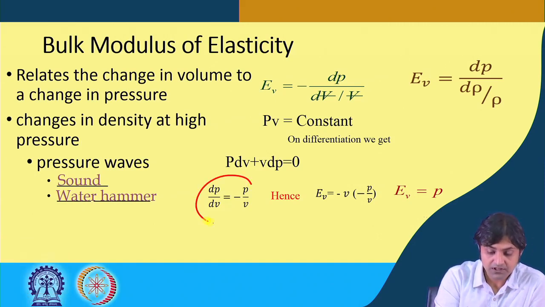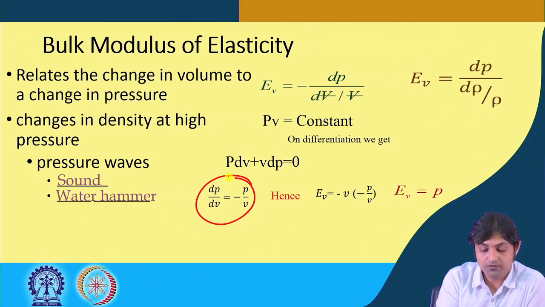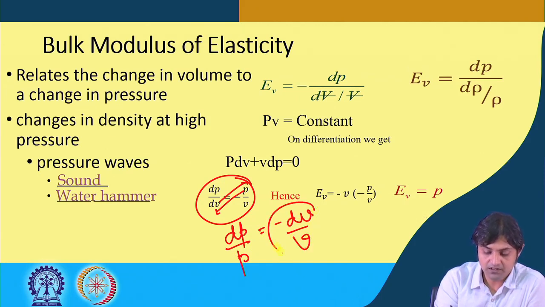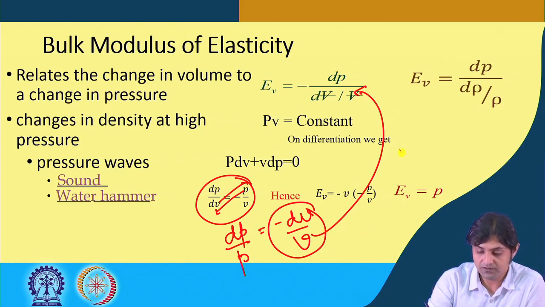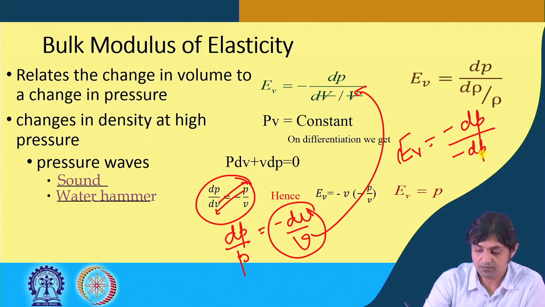So if you see this equation, dP by dV is equal to minus P by V. So if you bring P on this side and dV, it's dP by P is equal to minus dV by V, and therefore Ev can be written as minus dP divided by dV by V, which is minus dP by P.